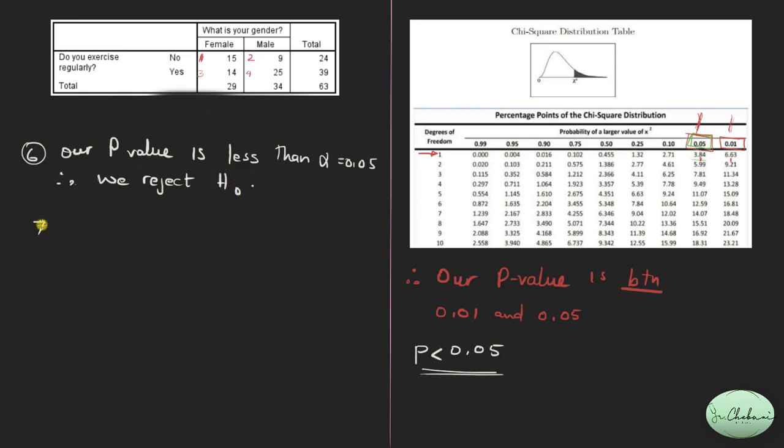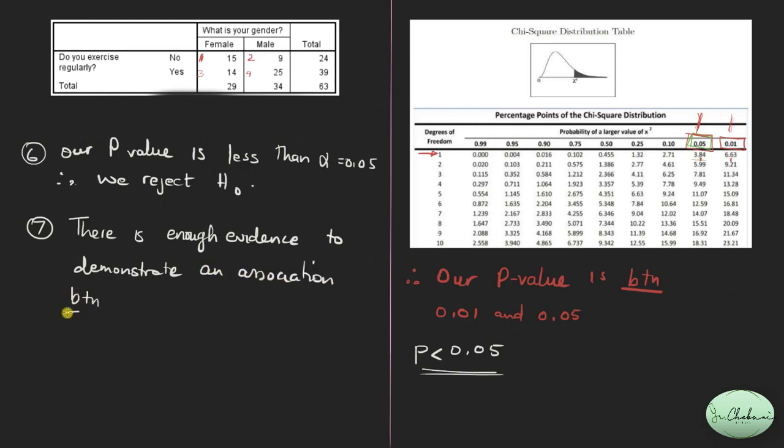And then step number 7, we would conclude that there is enough evidence from our sample to demonstrate an association between gender and exercise.